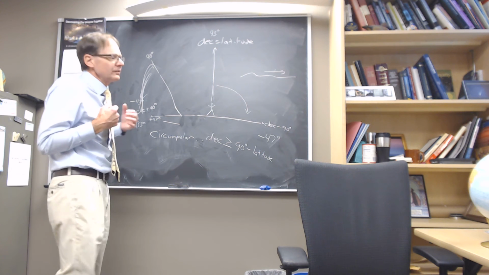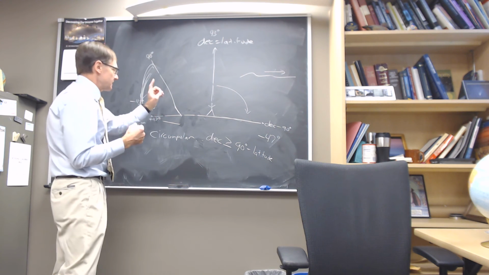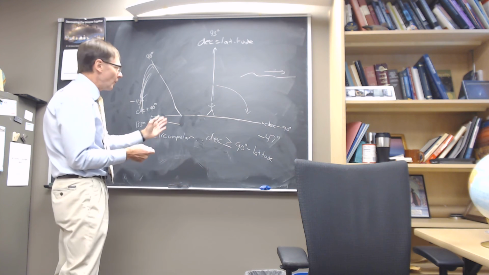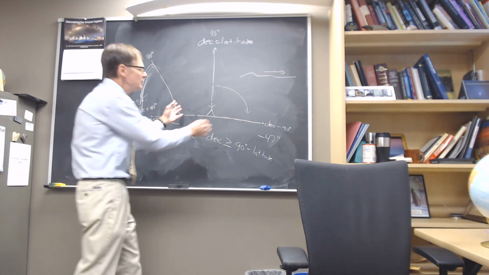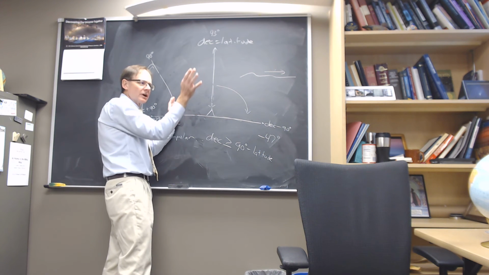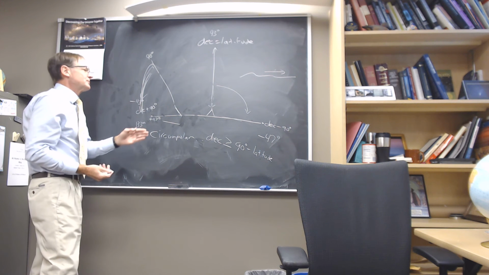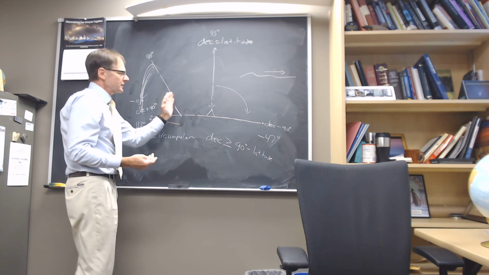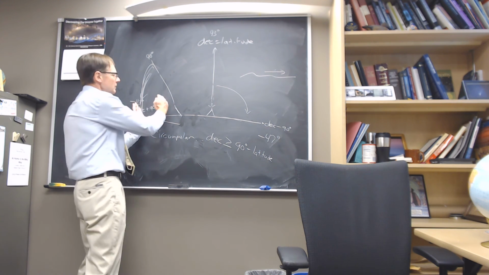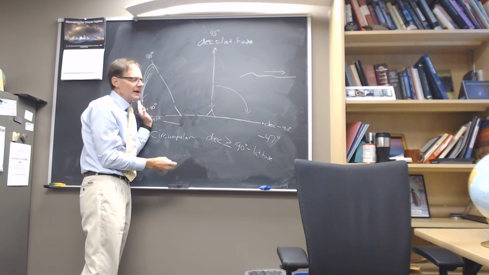For those of us who aren't at the equator, or who aren't at the North Pole, let's start there. For those of us who aren't at the North Pole, we see new stars coming into view down in here, and the stars that are currently in view disappearing from view. And as we get closer and closer to the North Pole, more and more stars become circumpolar, and there are fewer and fewer stars rising and setting.